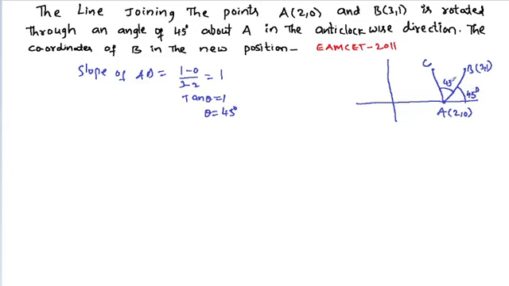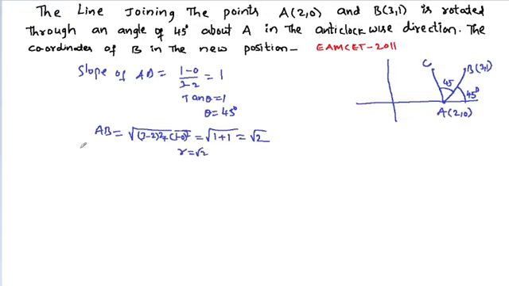So the total angle is 90 degrees. So therefore now we find the distance of AB. AB is equal to under root of 3 minus 2 whole square plus 1 minus 0 whole square, that is equal to 3 minus 2 whole square is 1 plus 1, is equal to root 2. This is the distance, r is equal to root 2.